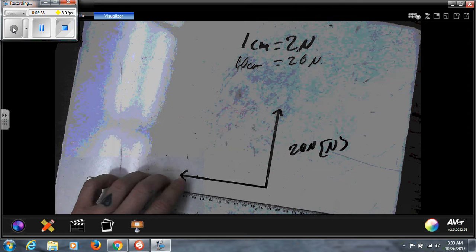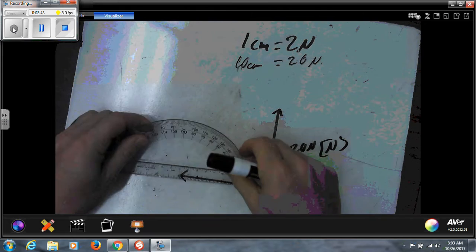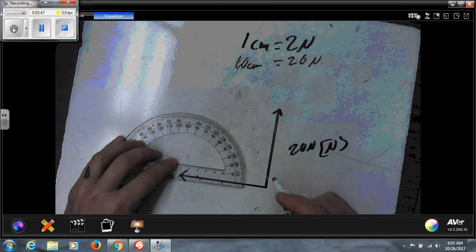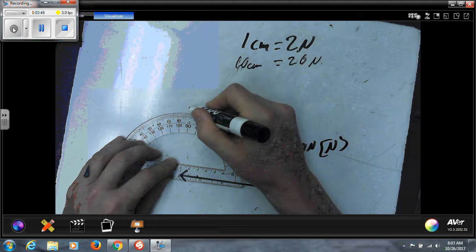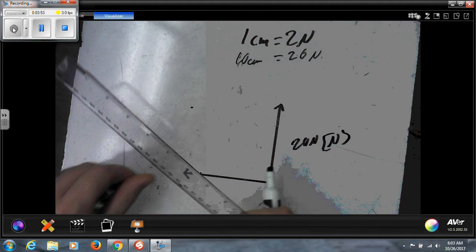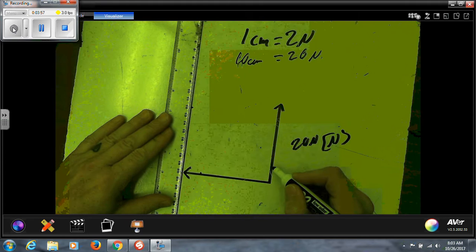Now this is the parallelogram method for adding vectors together. It makes it easier to see exactly where things move. If I want to make this exactly parallel, I'm going to make sure my line, again, is at 90 degrees. And I'm going to make a line going this way the same length, 20, because it's going to be very similar to this vector right over here.